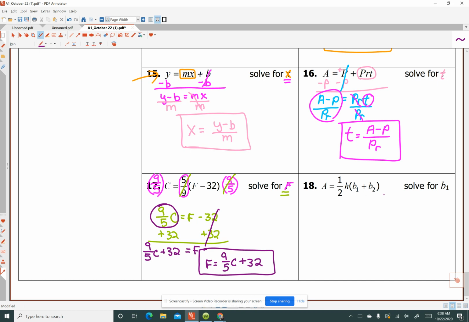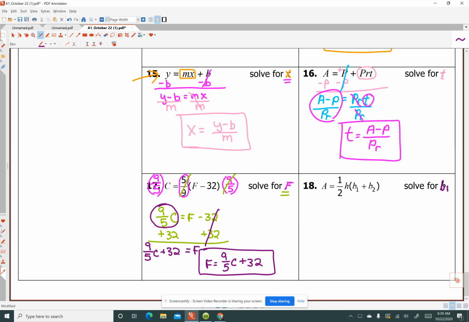We're not going to combine them. They're not like terms. We're not going to add them together. It's just something called B1. Later in algebra, we'll look at different formulas and things that have a B1 or B2 or something similar to that. But for now, they're just symbols to you.